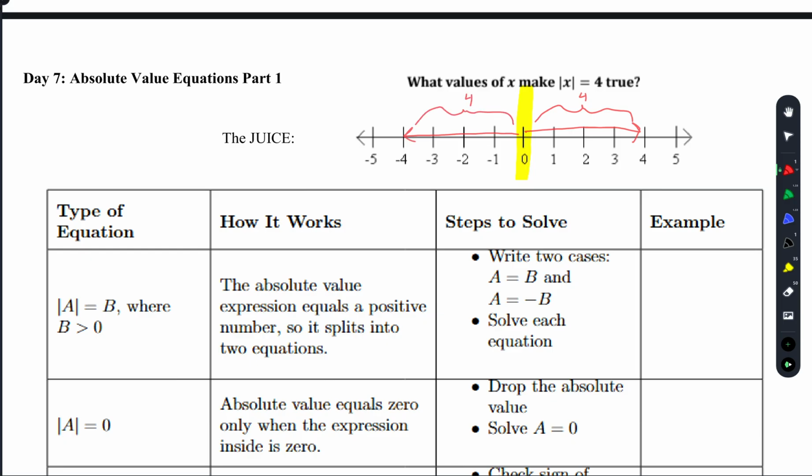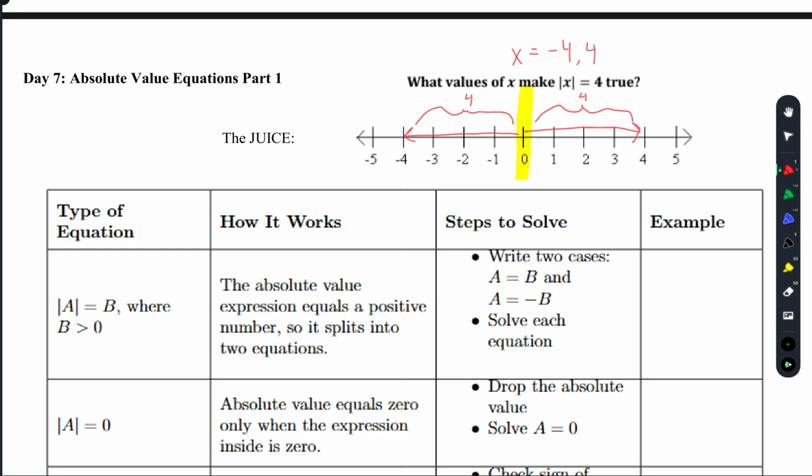So when you're solving absolute value equations, what number could x be? It could be -4, because if you go left, that is a distance of 4. And if you go right, that's also a distance of 4. So to figure out what this is, you have to account for going to the left and then going to the right. So distance to the left and distance to the right of the 0 on the number line.